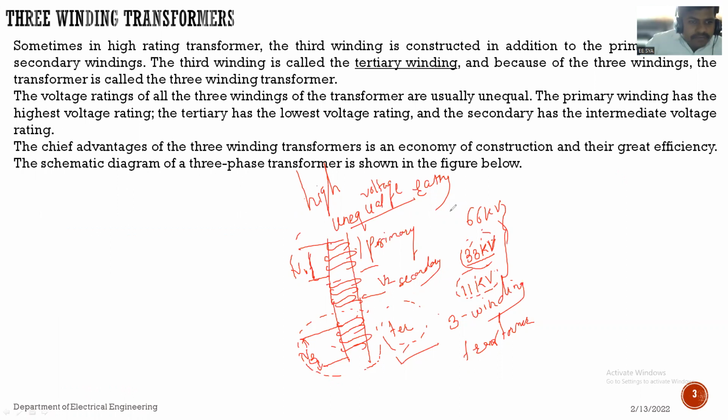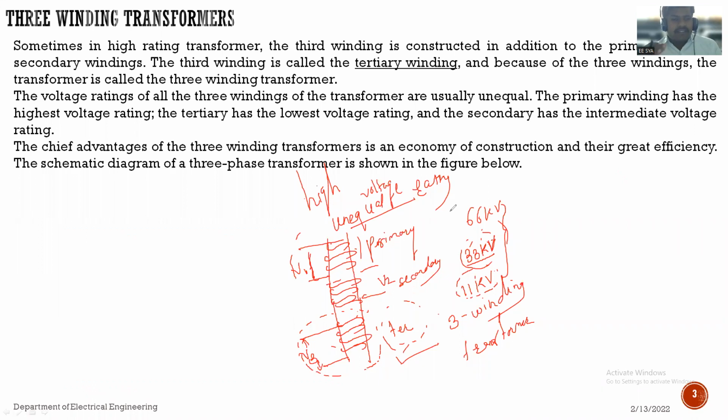Okay, now what is the importance or what are the advantages of this type of construction? That means we are constructing an extra winding along with primary and secondary, and this third winding is the tertiary winding.